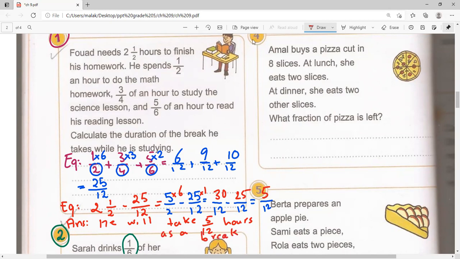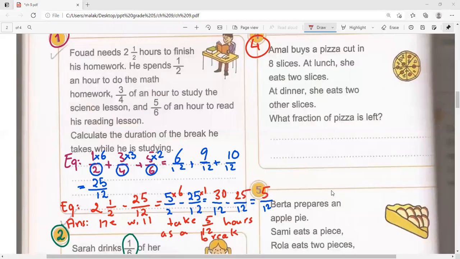Let's start with problem 4. You have to do it alone.